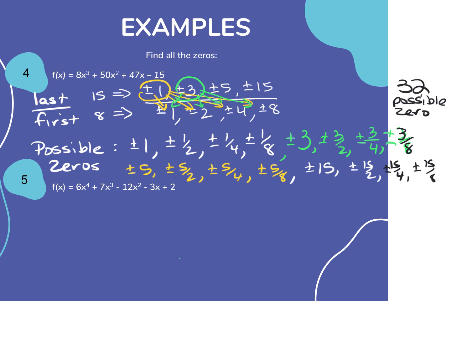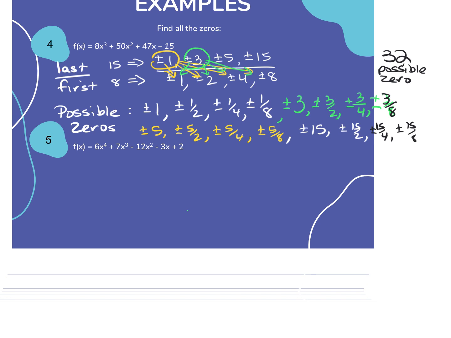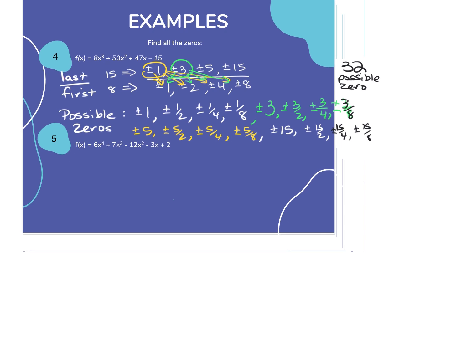Now, if this were a test question, and we tested on this last year, this would have been a calculator question. And you would have keyed this into your graphing utility. You would have found one of the possible zeros and then done synthetic division with that zero. Now I'm going to tell you what one of the zeros is, and I'm just going to do synthetic with it. So out of this list, there is a zero located at -5.